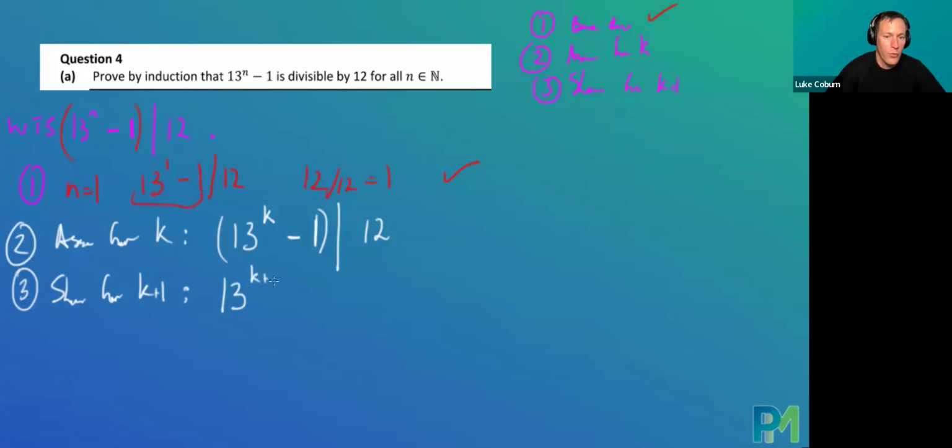So 13 to the power k plus 1 minus 1 is equal to, just knowing our laws of indices, 13 to the power of k times 13, minus 1, which is the same as 13 to the power of k times 13, minus 1.